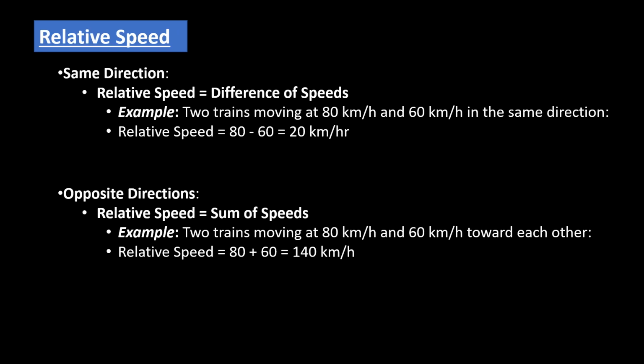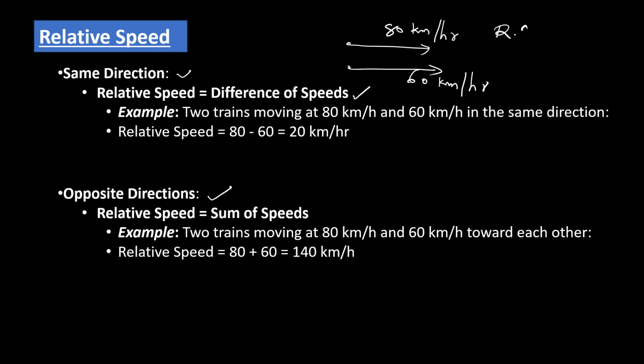Next we'll see the topic relative speed. Okay, relative speed, we'll find the relative speed when moving in same direction and also in opposite direction. For example, two trains are moving in same direction, one at 80 km per hour and second at 60 km per hour. Then the relative speed will be the difference of their speeds.